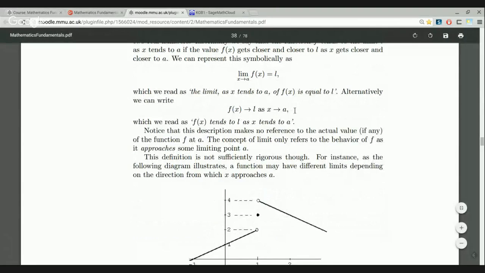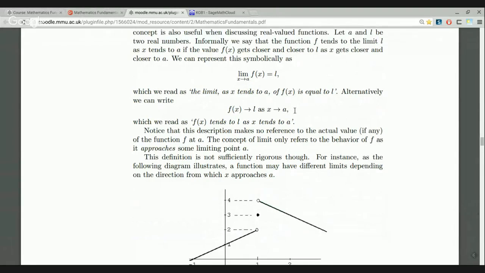Alternative notation is to say f of x arrow L as x arrow a, which you read as f of x tends to L as x tends to a, or f of x converges to L as x converges to a.